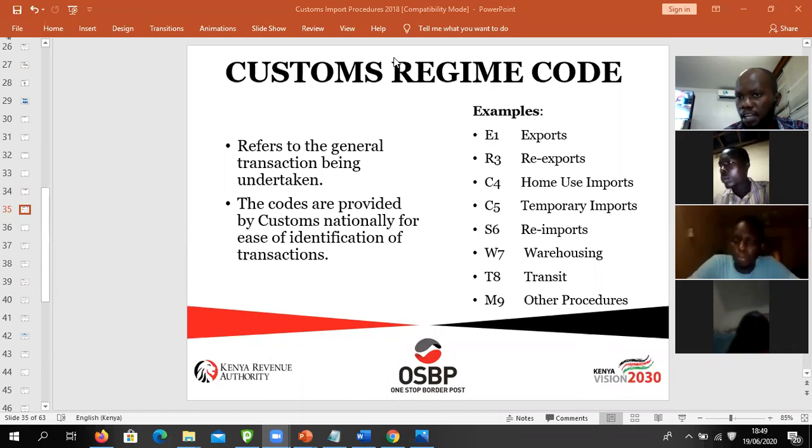Once those consignments have been loaded on a ship, that's where the FOB stops. It means free on board. All the charges have been catered for up to the point where it came on board that ship. Once that has been catered for as FOB, the rest remaining is freight and what else? Insurance for that consignment as it comes through sea.